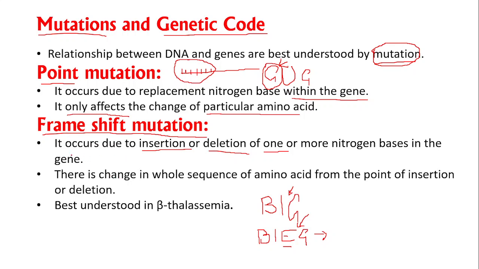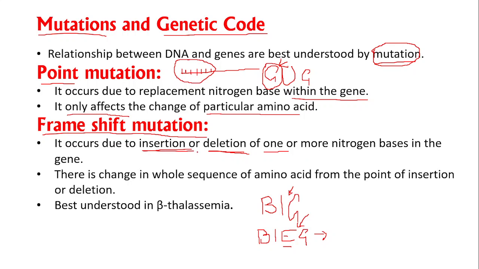I repeat here, it is the type of mutation which is caused by insertion of a particular nitrogenous base or more than one nitrogenous base, or by deletion of one or more nitrogenous bases.